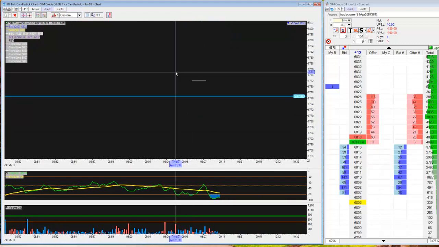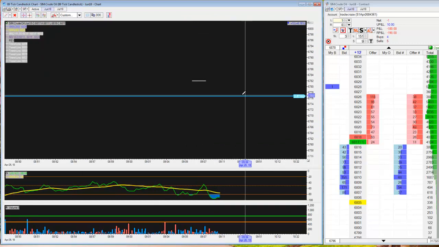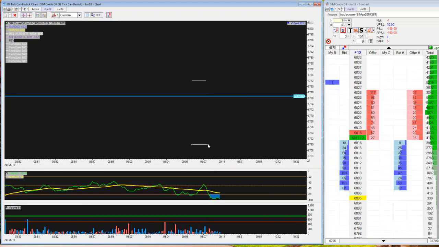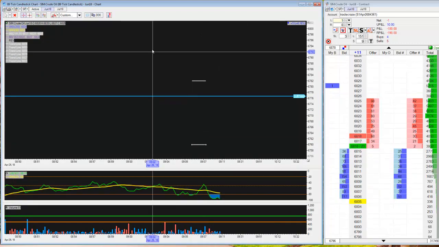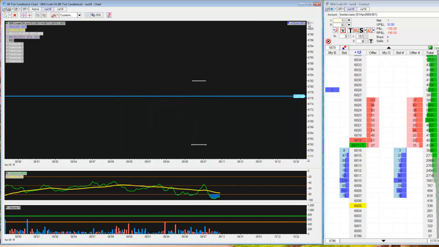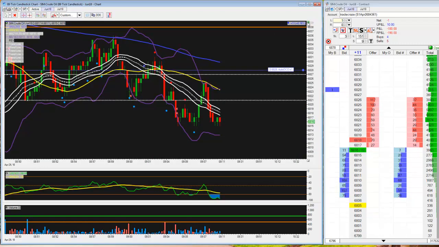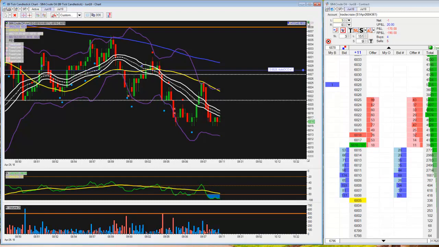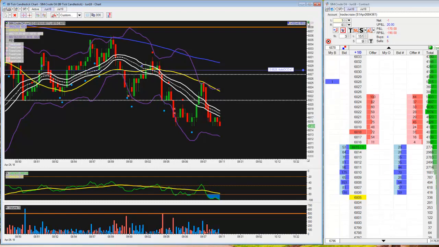Then 67.60. Alright, it's locked and loaded. Let's see what happens.